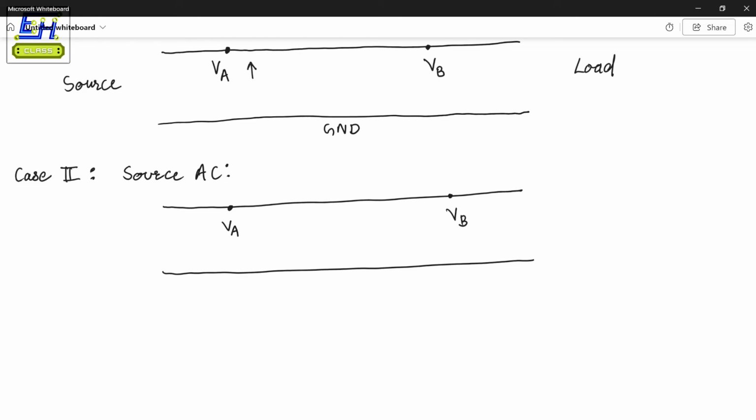But the thing is that, if you are measuring the voltage instantaneously, then it is not true, because in the positive cycle you will see that indeed the A side will be higher and the B side will be lower. But in the negative cycle, this will get reversed. So you can't really just tell by measuring the instantaneous voltage.